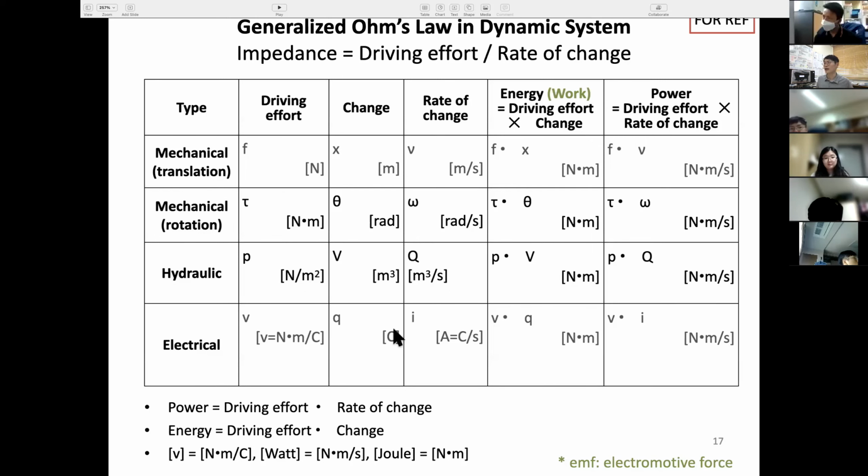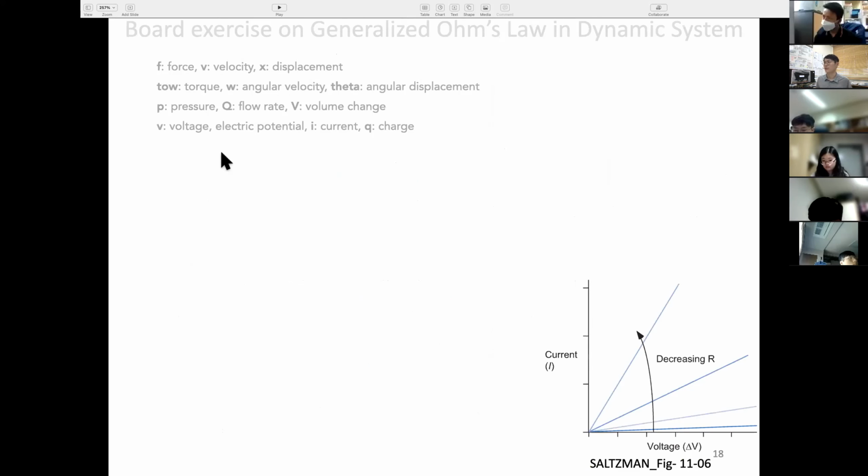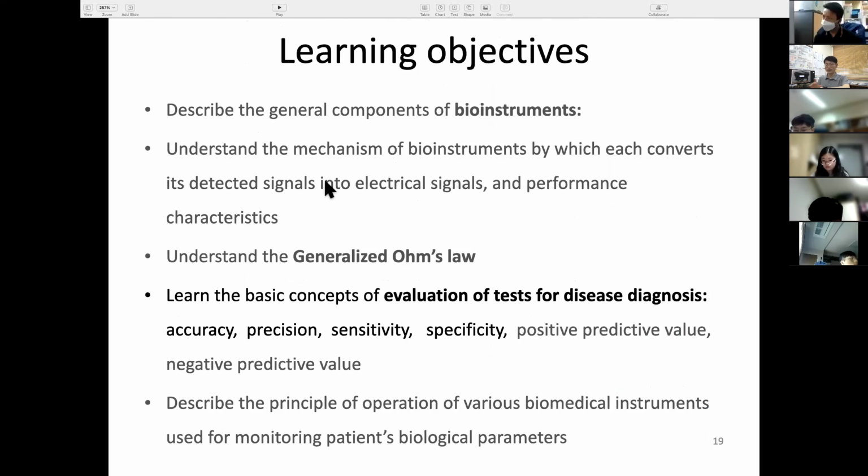With this, you can define energy and power. So here I define force, torque, pressure, and electric potential as driving efforts, and displacement, angle, volume, and charge as changes. You will realize how beautiful this underlying principle is, across all these different forms of energy: mechanical, electrical, even hydraulic systems.